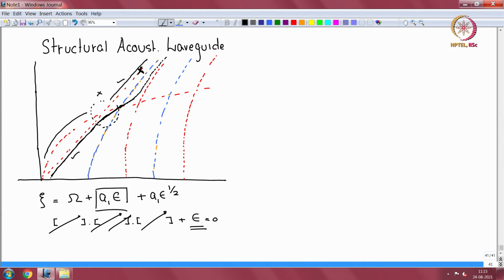If I am exactly here, I am on the uncoupled flexure, so the first term will go to 0. So this entire term will go to 0, and then epsilon will be left hanging. So no coupled line can exactly cross the uncoupled line, except there are exceptions. Okay, there are exceptions, and these are these exception points.